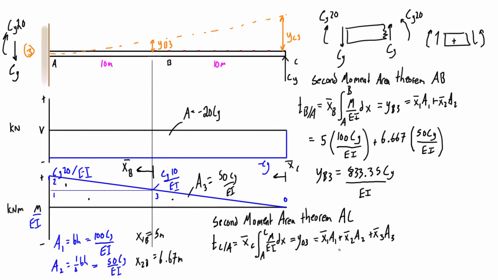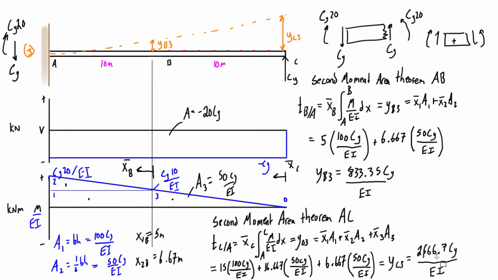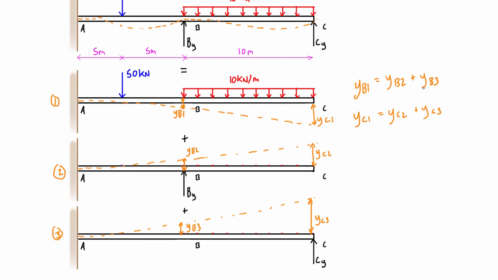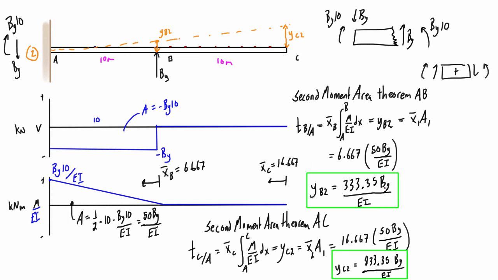Then if we just plug and chug, we're going to find that YC3 is equal to 2,666 CY over EI. So let's throw a box around this. This is YC3. And let's throw a box around this. We have YB3, because those are the last two things that we were looking for in this expression. We just got YC3 and YB3 just a couple minutes ago.